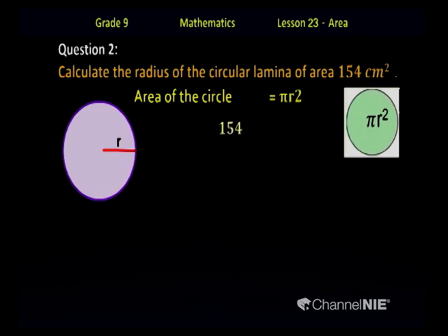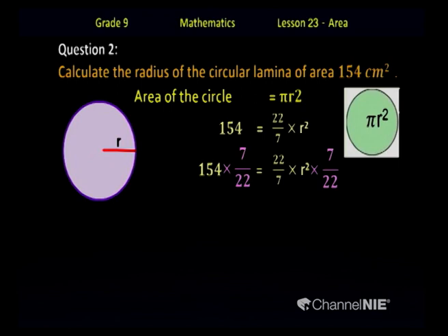Then substitute given values. 154 is equal to 22 upon 7 into r squared. Then we should remove 7. 22 is divided by 7. To find out r squared, both sides can be multiplied by 7 upon 22. To remove a fraction, we can multiply using the reciprocal. Both sides are multiplied by 7 upon 22.